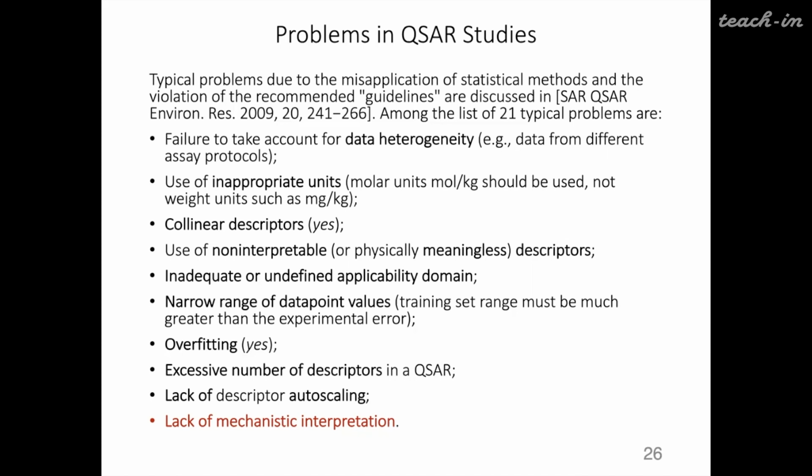However, we should use smaller units because we are interested in activity per molecule, let's say. So molecular mass can vary greatly within a data set. So we should use this, not this.